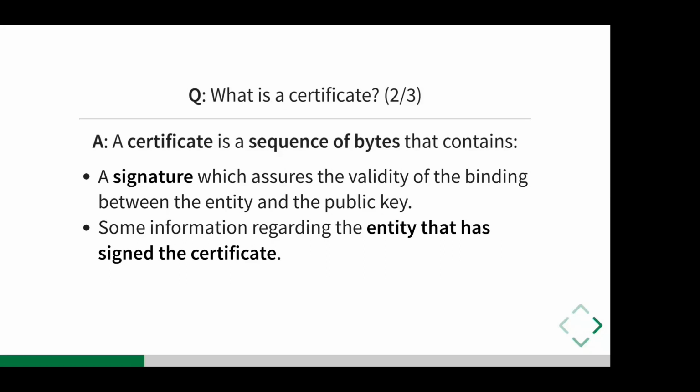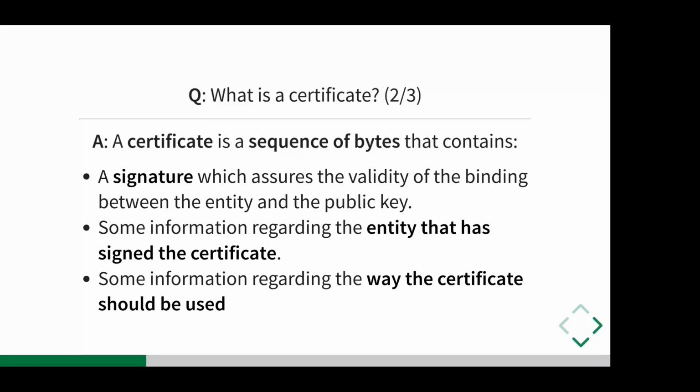For example, there is also information about the start date from which the certificate is valid and the end date after which the certificate is expired. It is like a contract, like a lease. And then some information regarding the way the certificate should be used.